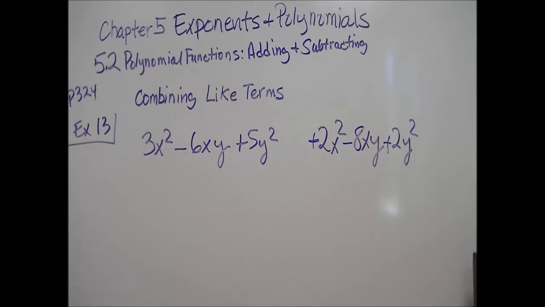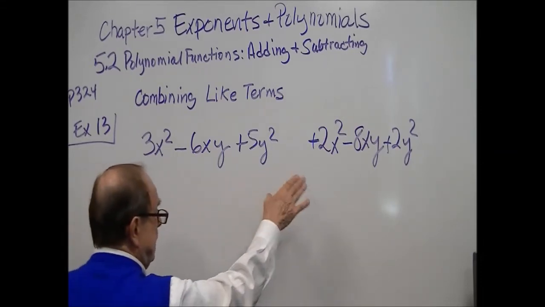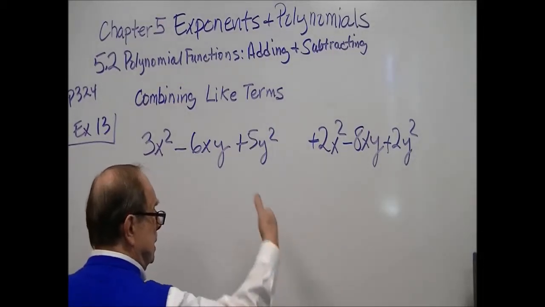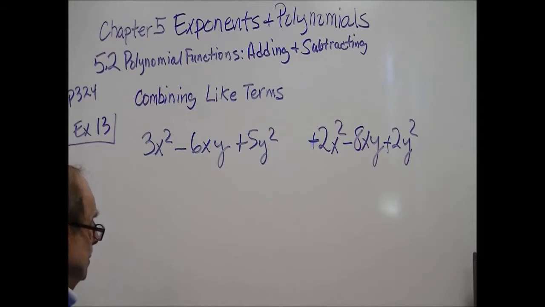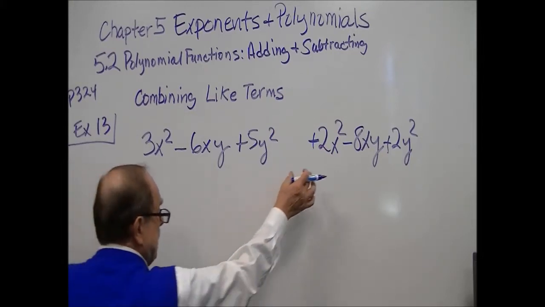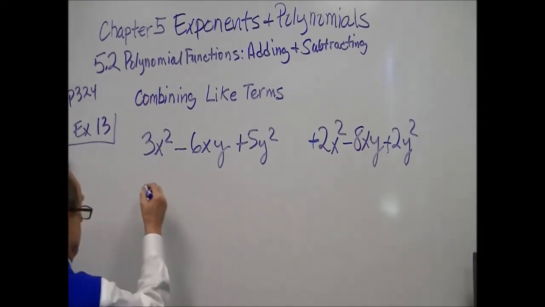But one of the techniques I'd like to mention that you might do, if they get a little more complicated perhaps than this, is to line these like terms up vertically. So I have this as a like term. So I'm going to put this underneath it.